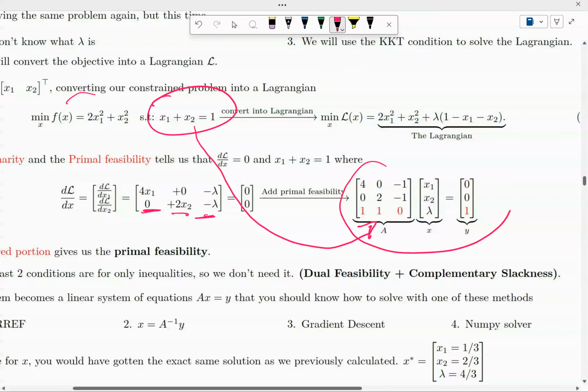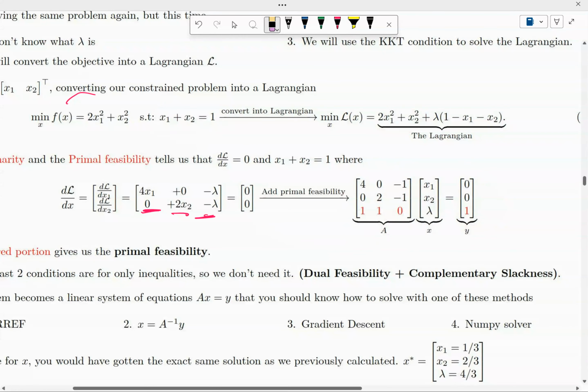So now we have three equations and three unknowns. This is equal to Ax equals y, and we just have to solve for x. We've done this in the past. If you know how to find the A inverse, Ax equals y means x equals A inverse y. Then you have your problem solved. This essentially allows you to directly solve for x1, x2, and lambda.